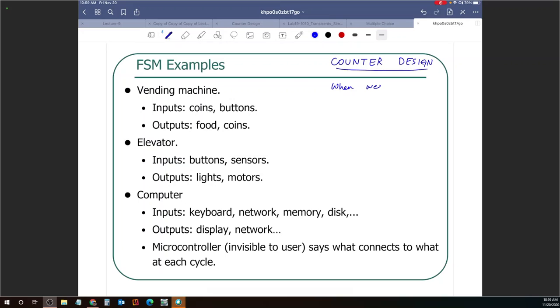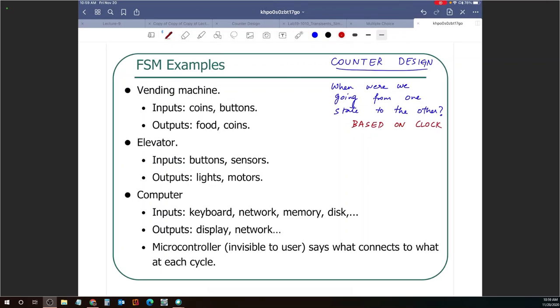When the clock changes from 0 to 1. Absolutely. Well, I'm not going to limit that to 0 to 1. So the answer is based on the clock. That was based on the clock.